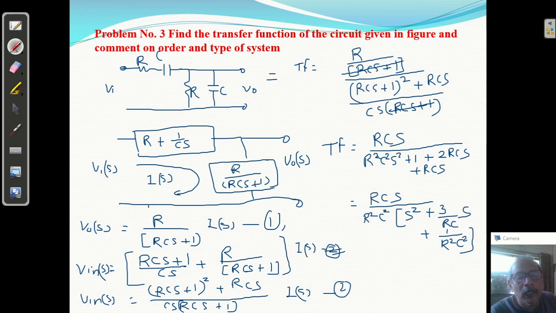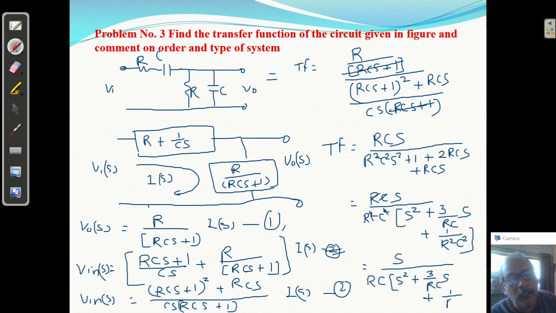So this R and this R will be cancelled, this C and this will be cancelled, so you will get transfer function S upon RC in bracket S square plus 3 by RC S plus 1 by R square C square, right? So this 1 upon RC is a constant, say K.